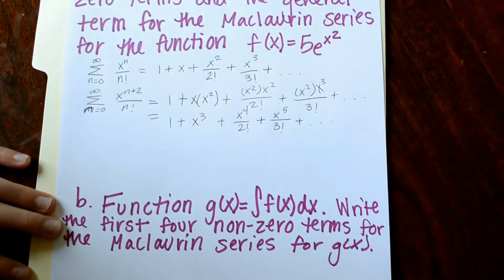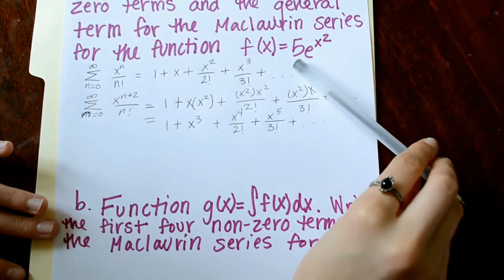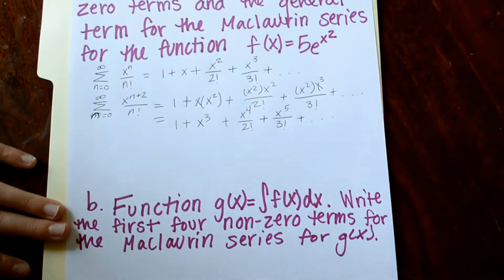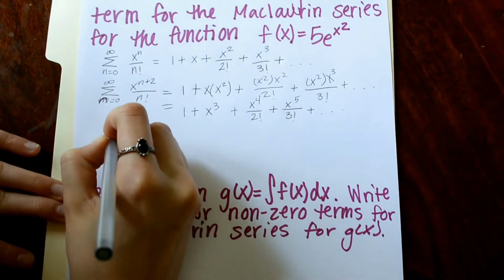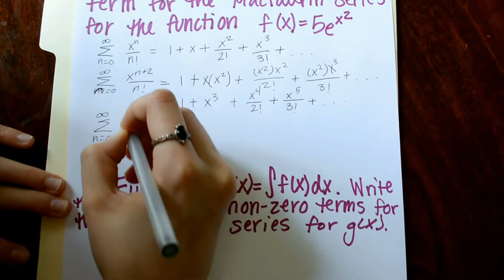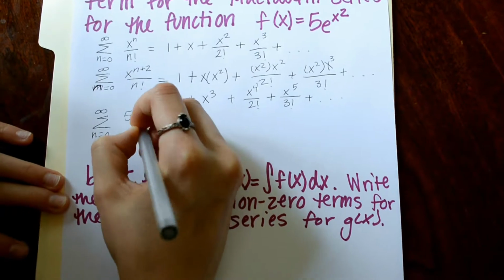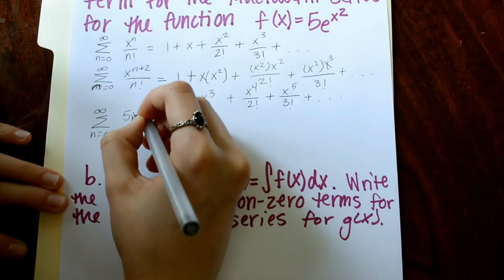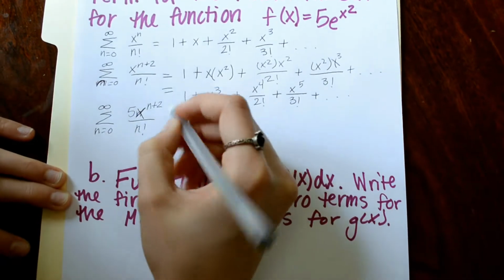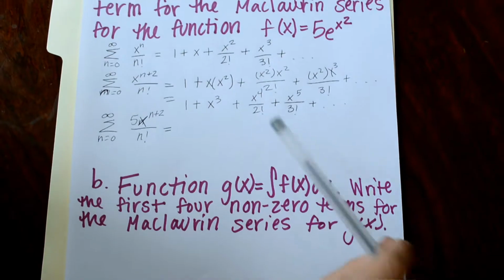The last thing you're going to do is add the constant in the front. So you're going to multiply by 5, and you would multiply by 5 on the top part in your general term, like this. That is an x, because I guess I can't write today. Then you would multiply all of the terms by 5.